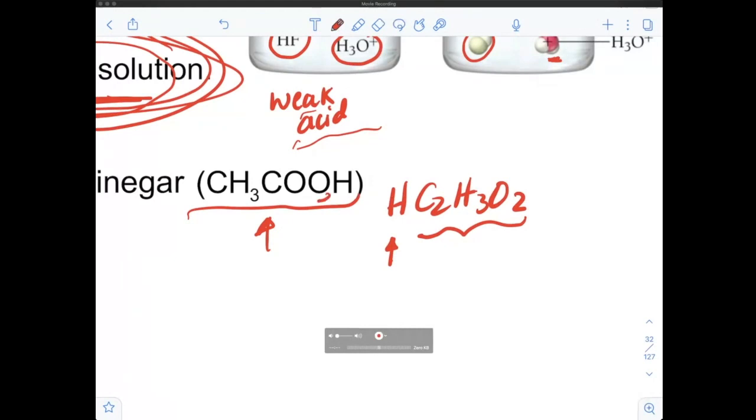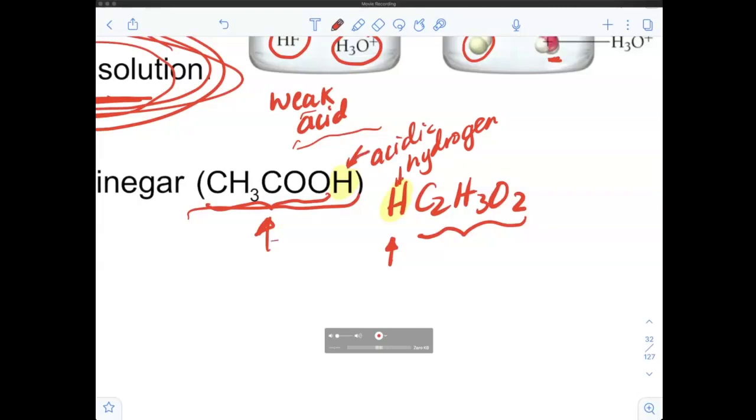Organic chemists tend to emphasize the carbon first and then the hydrogen in the end. So these are both acids, right? I'm showing you the ionizable hydrogen, the hydrogen that gets removed to become an acid, sometimes called the acidic hydrogen. This is the acidic hydrogen that gets removed to form the acid, the one I highlighted in yellow.